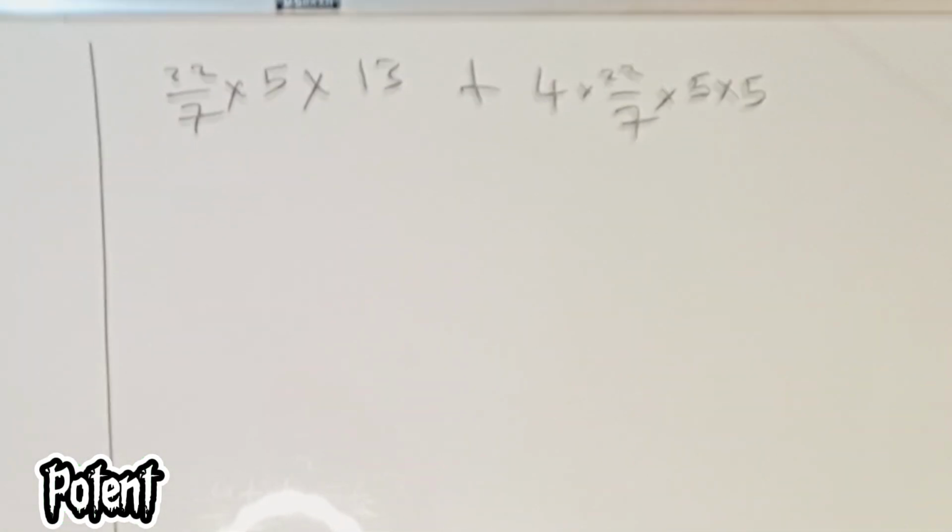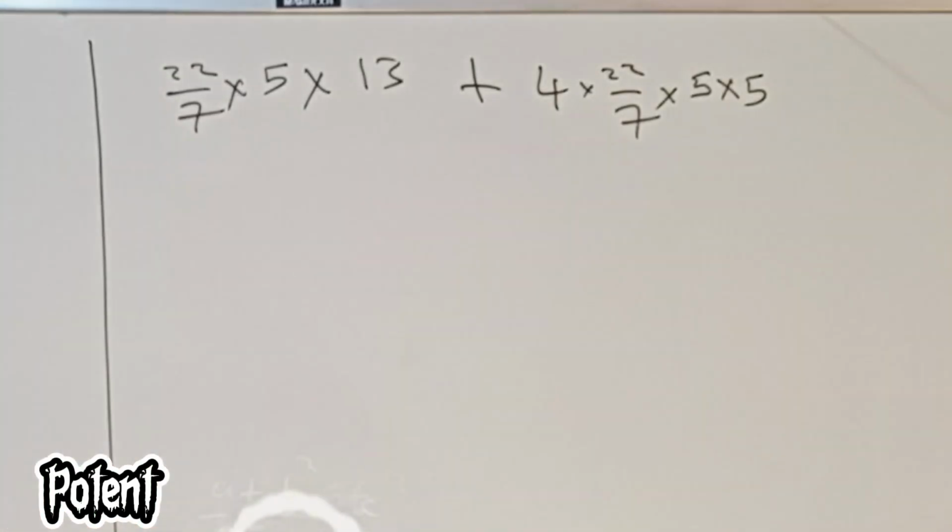So let us solve 22 divided by 7. We have a calculator. 22 divided by 7 times 5, then times 13.